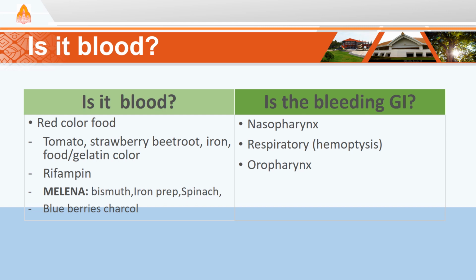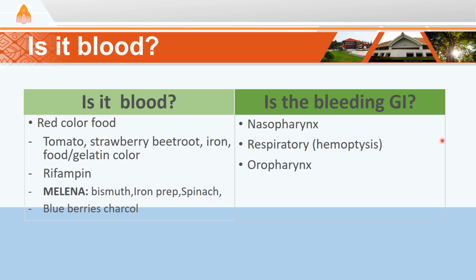Because at times red color can be imparted because of consumption of tomatoes, strawberry, beetroot, food color, gelatin, and the melena can be because of bismuth, which is present in some of the antidiarrheal drugs. Iron preparation imparts a blackish color to the stool, and spinach, blueberries, and charcoal can also give the stool a black color, creating a confusion that this could be melena.